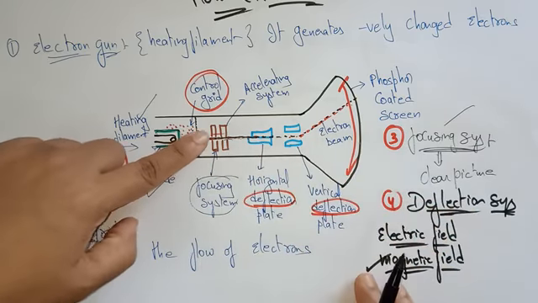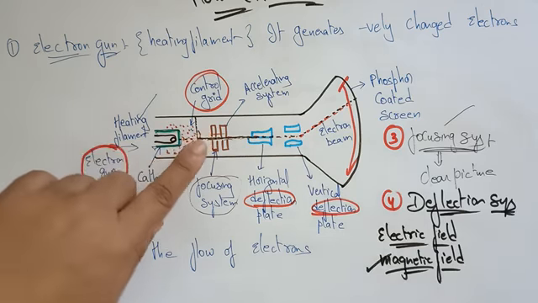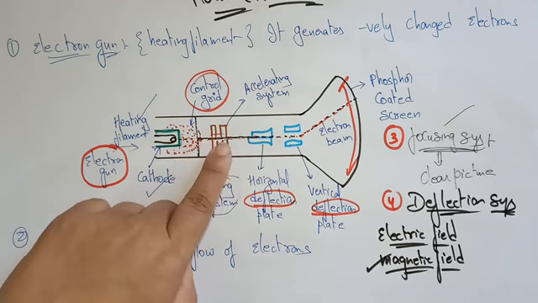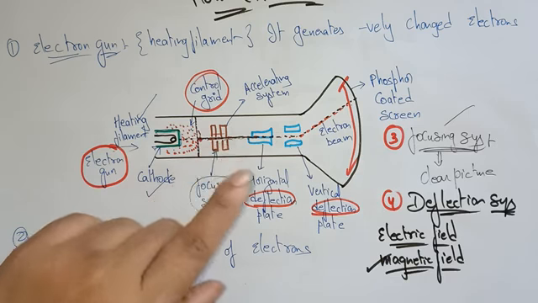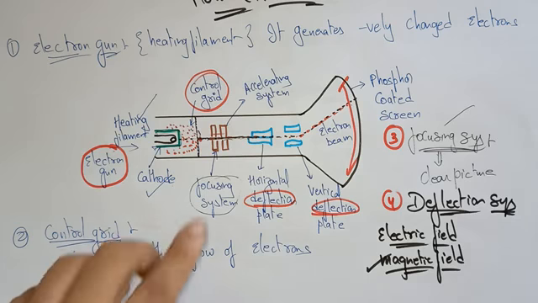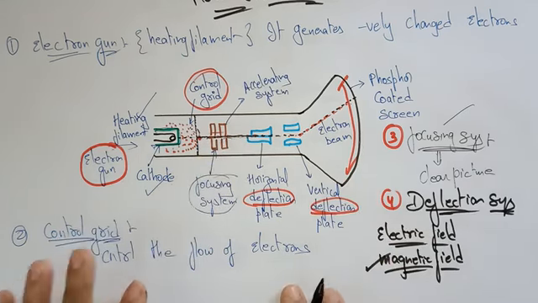Next, the focusing system is used for getting a clear picture. How does it get a clear picture? Because all the electrons pass through the small hole you are seeing here, focusing the electrons into a narrow beam, and then the deflection plates.